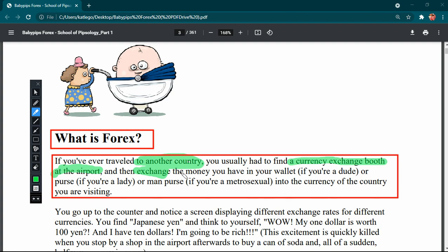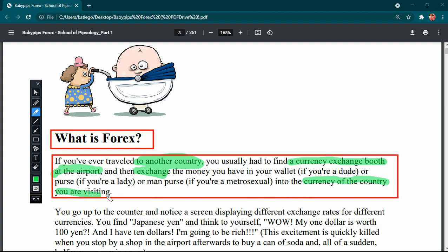So it means you can't go to another country without exchanging the currency you have to the currency of the country you are visiting. You have to exchange, or else you're going to suffer in that other country, because that currency is not relevant to them. It has no value to them, so you can't buy anything. Exchange the money you have in your wallet into the currency of the country you are visiting.